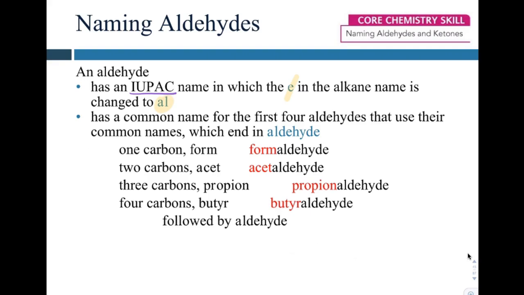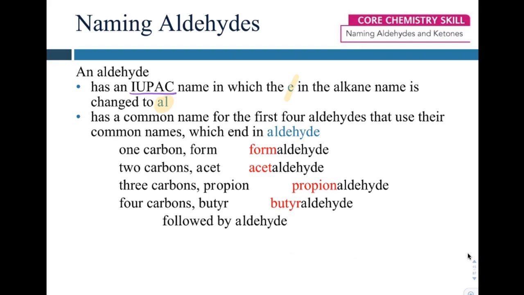And so here are those common names for the first 4 aldehydes. So you probably would need to know this if you're going to go into working in any lab area, even if you're working in a hospital lab, or if you are going into maybe nursing. I would know maybe just formaldehyde and acetaldehyde, but formaldehyde should be familiar to you.